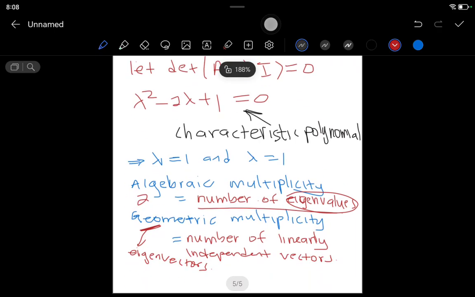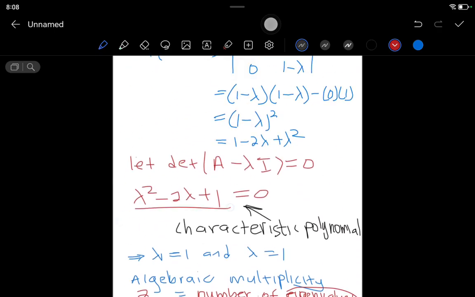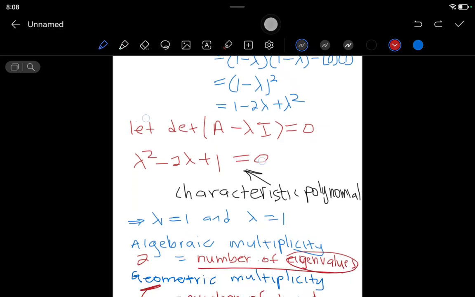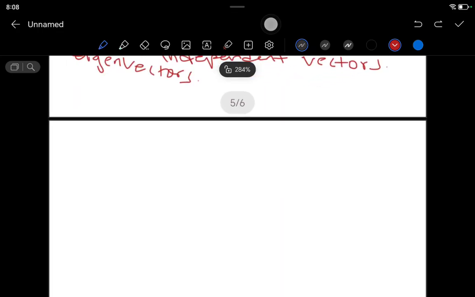Then the geometric, we need to find the eigenvector for us to know the geometric. So let's go and find the eigenvector for 1. Already, if we come there, we remember the formula was like this.